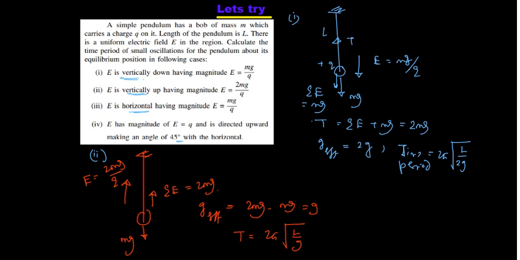In the third case, what they are saying is that there is an E which is horizontal. All right, no problem, we will do it. If there is a horizontal electric field, suppose in this direction the electric field is there, or I will take it a little bit below here, no issue. This is E, right? And the simple pendulum is in that direction. It is hanging like this. Fine, this is the point of suspension.